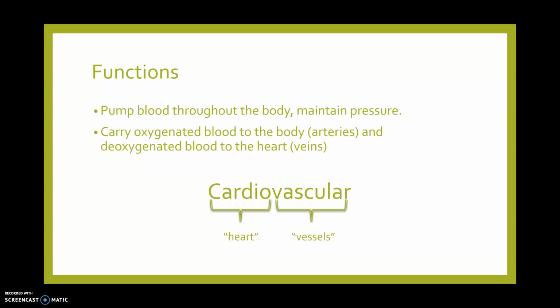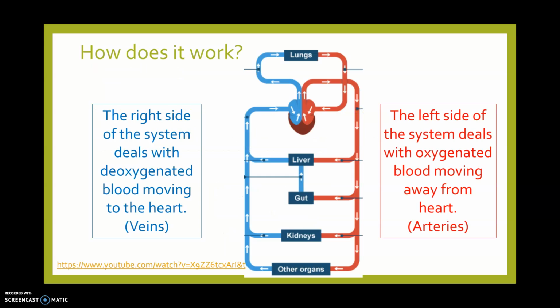The function of our heart is to pump blood through the body, and it also has a big function of maintaining pressure within those vessels. The main function of our blood vessels is carrying that oxygenated blood to the body through arteries and carrying the deoxygenated blood back to the heart through our veins.